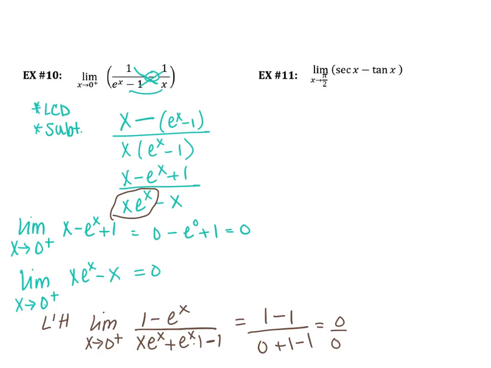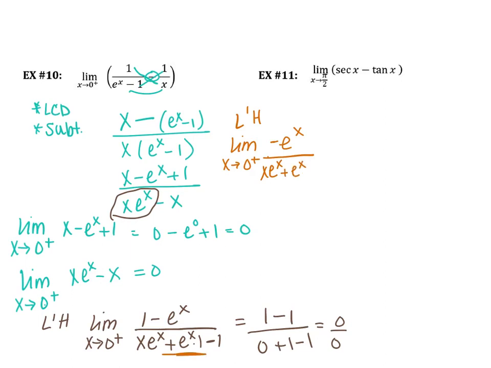So that means we have to do L'Hopital's rule again. So once more, it's the never-ending limit problem, I do believe. So L'Hopital's rule again. And so for the numerator here, I'm just going to go straight to the limit as x approaches 0 from the right. That's going to be a negative e to the x in the numerator. And then on the bottom, again, we have our product rule. So we're going to have first times derivative of the second plus second times derivative of the first.